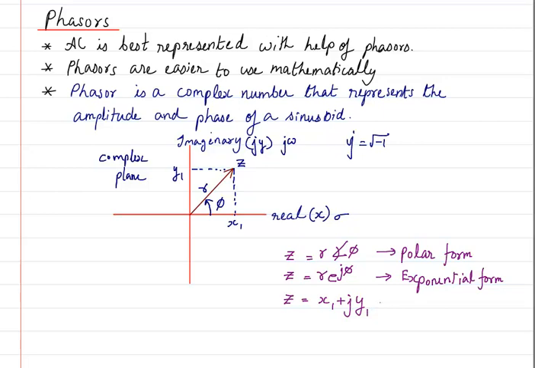This is called the rectangular form. So you can write any phasor in the polar form, the exponential form, or the rectangular form. Generally in network theory you will find it written in this or in this method.